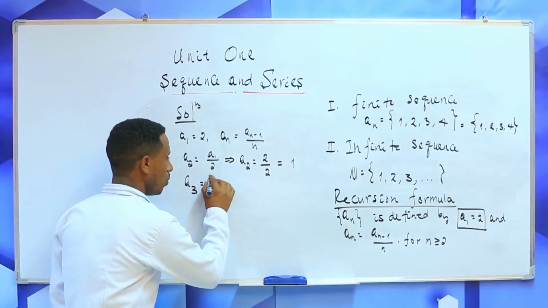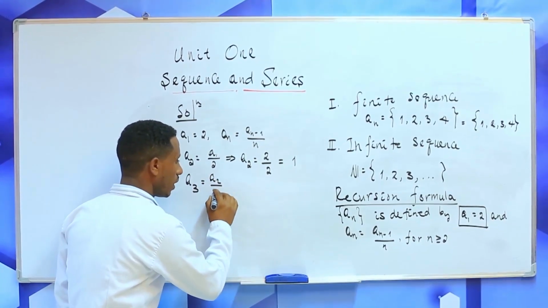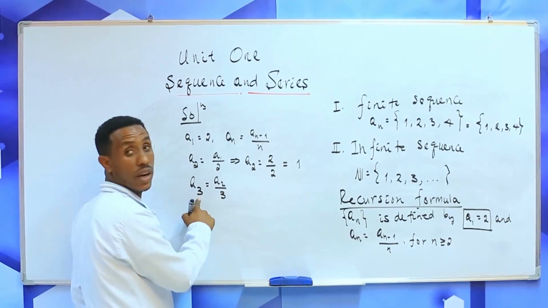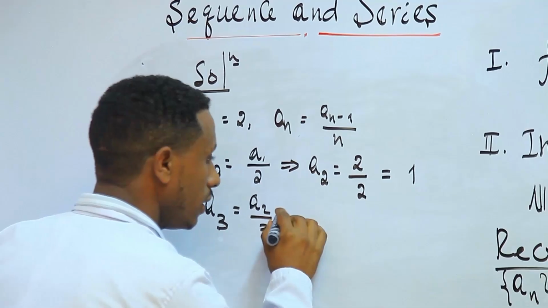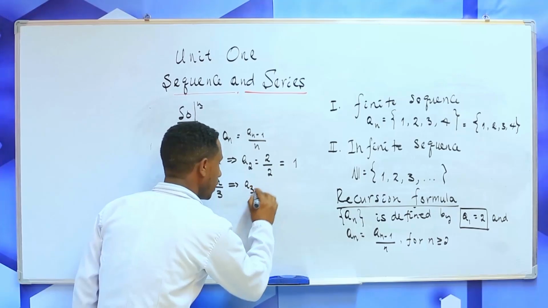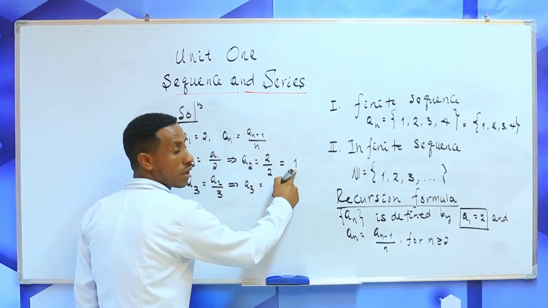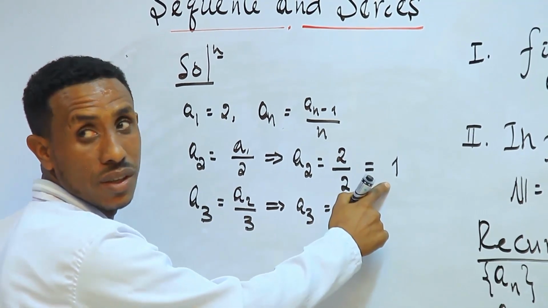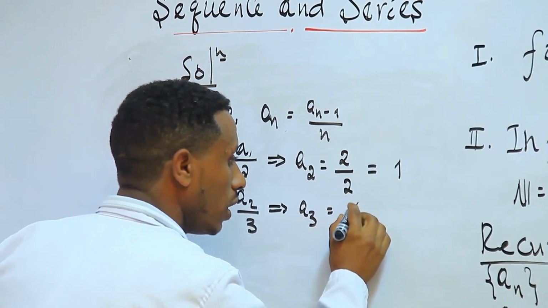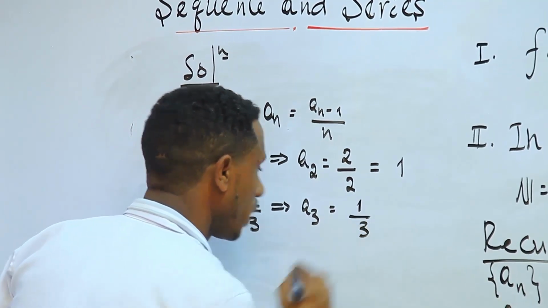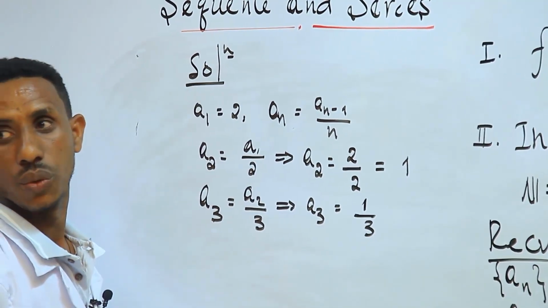A3 is also A2 over 3, because our n is 3. Then A3 is, we have A2 is how much? 1. Therefore, 1 over 3 is the third term of this sequence.